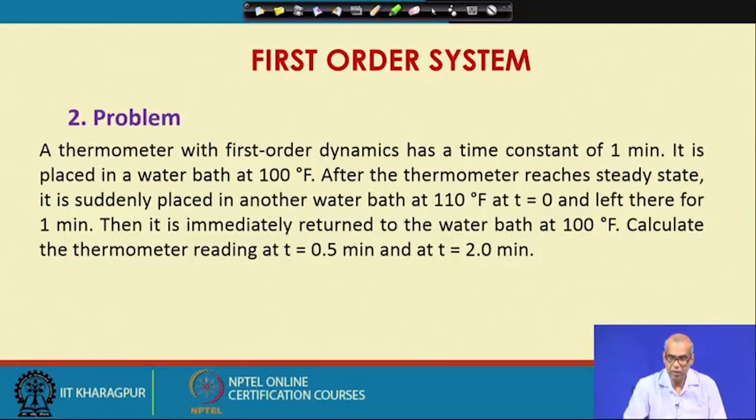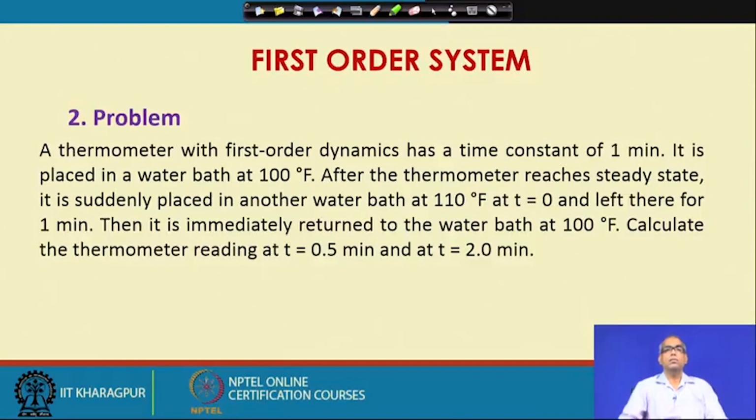After the thermometer reaches steady state, it is suddenly placed in another water bath at 110 degree Fahrenheit at t equal to 0 and left there for 1 minute. Then it is immediately returned to the water bath at 100 degree Fahrenheit. Calculate the thermometer reading at t equal to 0.5 minute and at t equal to 2 minute.